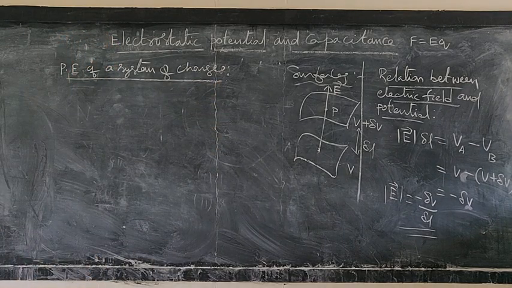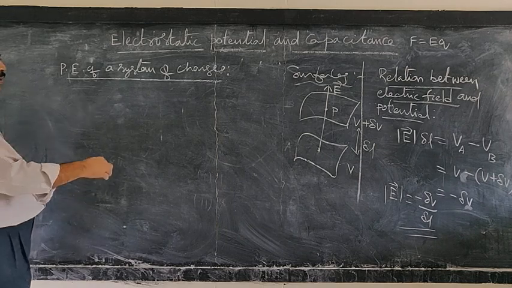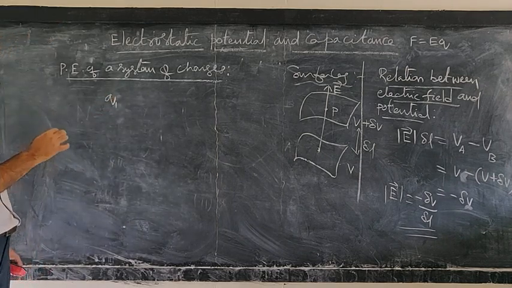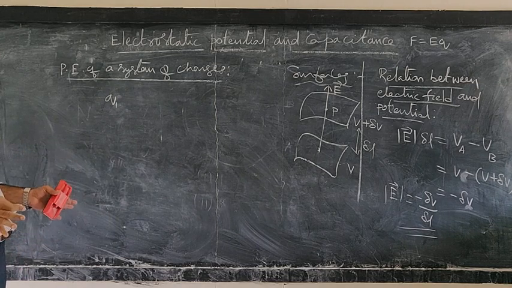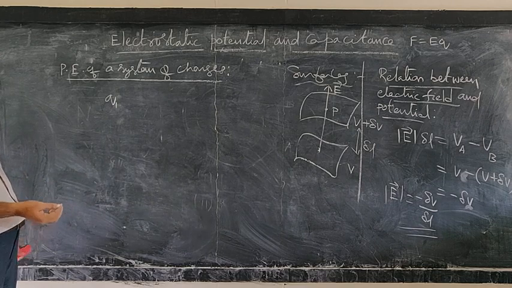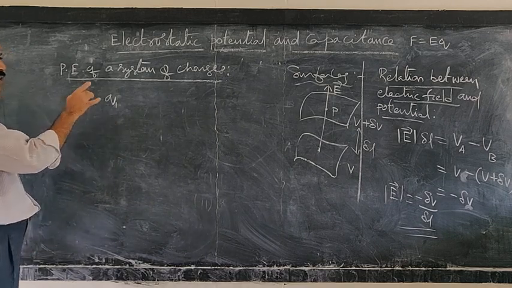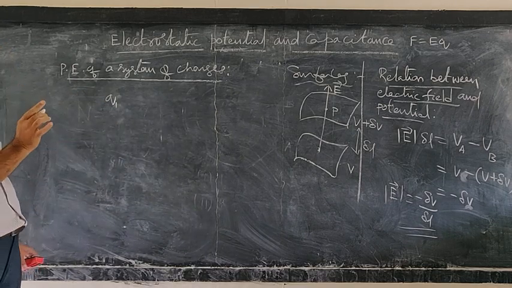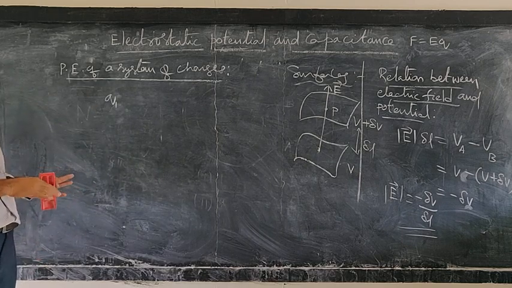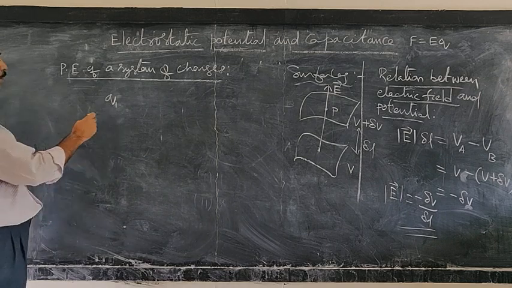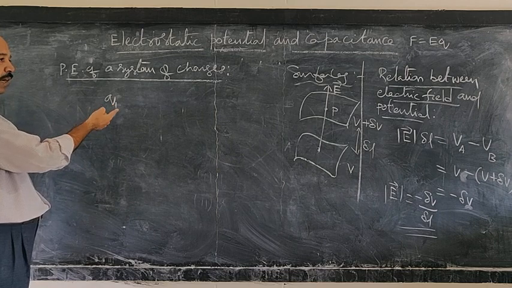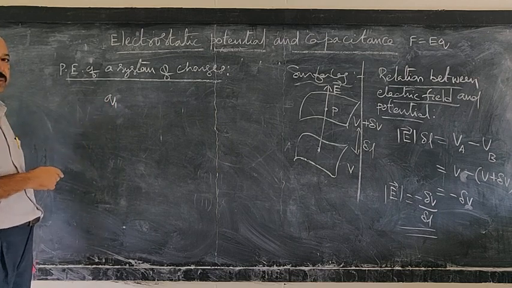Now, potential energy of a system of charges means, suppose you brought a charge Q1 from somewhere to a point where there is no other electric field, no work is to be done. Is it not? So if you bring a charge Q1 from somewhere to a point where there is no electric field, you need not do any work. So the potential at the point where you brought the charge is 0.